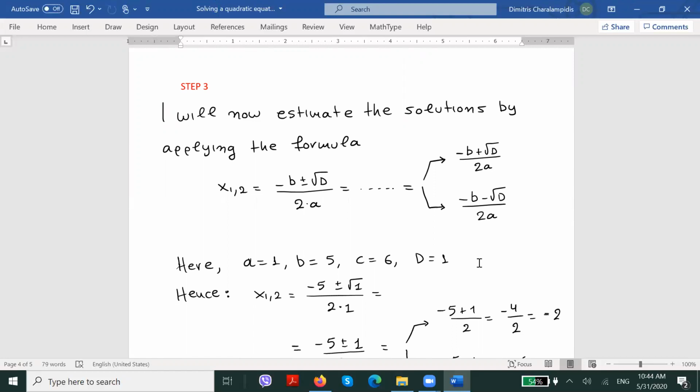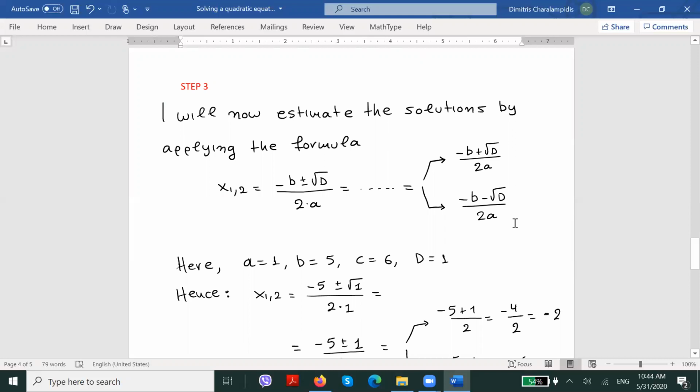All you will be doing at some point in the end, you will simply split the original fraction into two different ones. With that said, this means that I will create one fraction for the positive sign and one fraction for the negative sign. So the solutions will be found by negative b plus square root of d over 2a, or negative b minus square root of d over 2a.